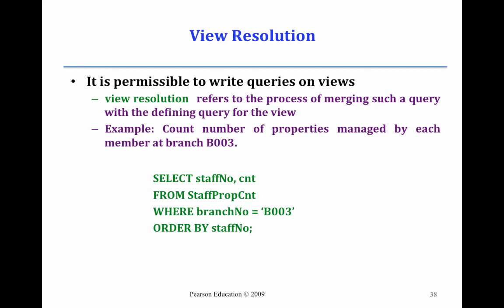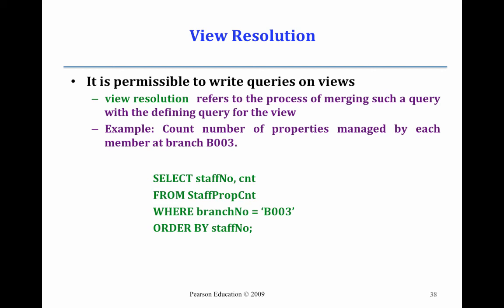Now, in order to complete this query, the query optimizer performs something called view resolution. What that means is it has to map the query back into a query on the base relations.